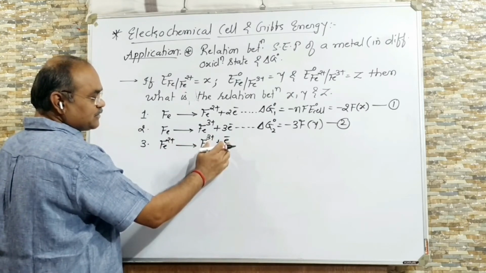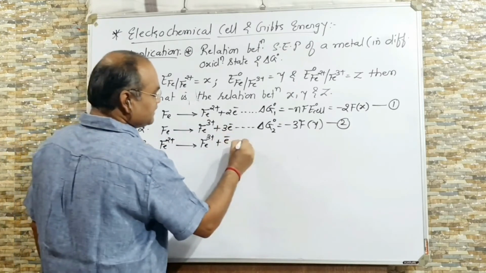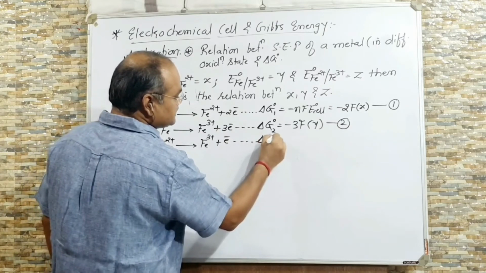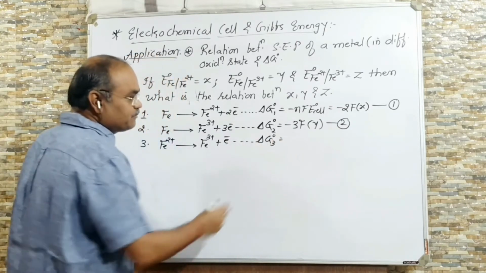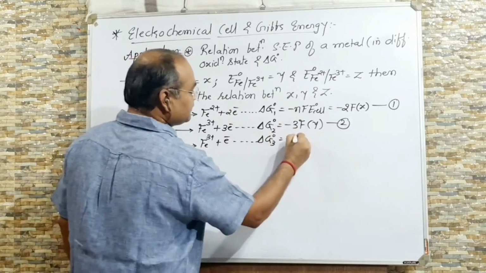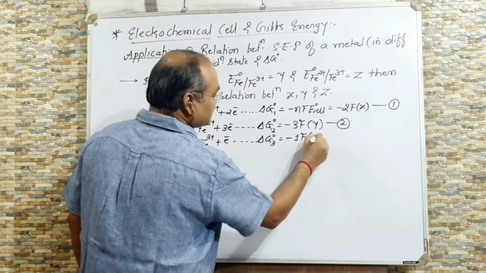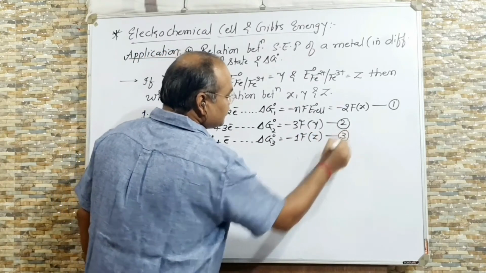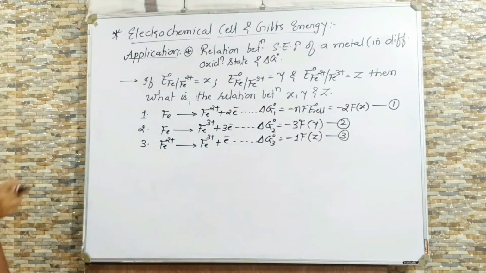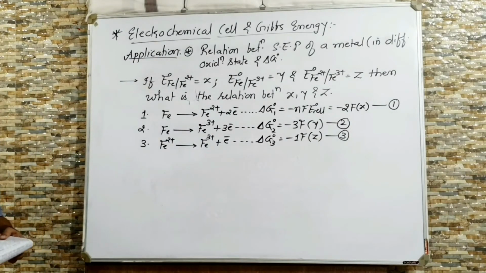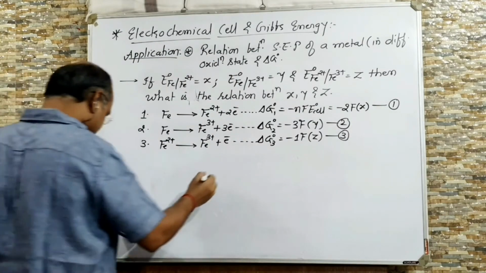When it loses one electron, plus 2 becomes plus 3. Here delta G03 will be equal to minus 1 F Z, number 3. So these three equations can be added. Now what will be delta G3?